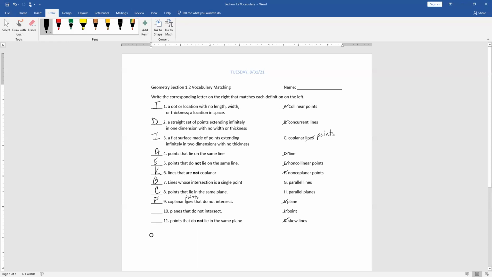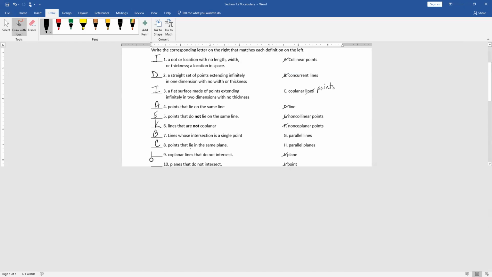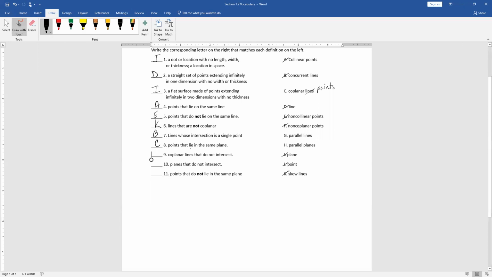I don't know why I'm trying to do this at midnight. Number 9. Oh, y'all, too tired. Parallel. Those are my parallel lines. G. Right. Coplanar lines that do not intersect run parallel to each other.